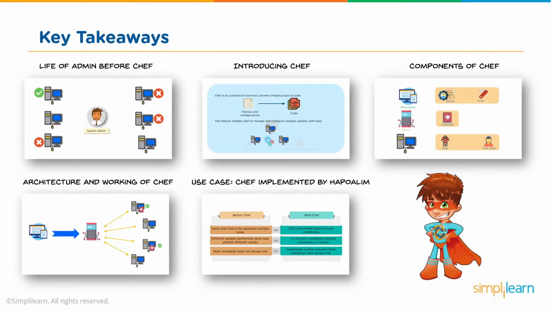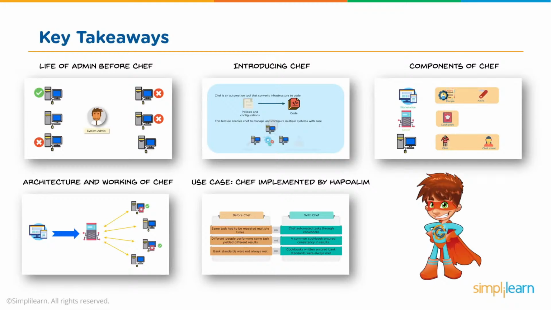Chef itself is made up of a number of key components. As a system administrator, you work on your desktop at your workstation and you create recipes. Those recipes are then bundled together into a cookbook. And that cookbook communicates with the server, the main Chef server, and the node of servers within your environment.